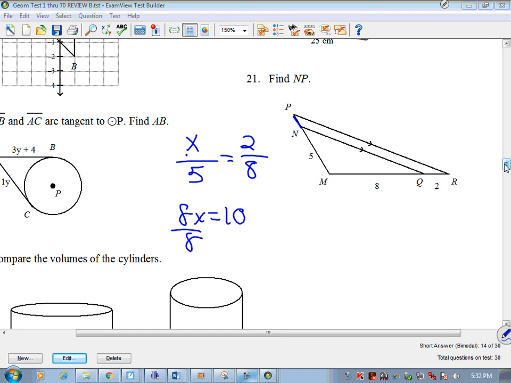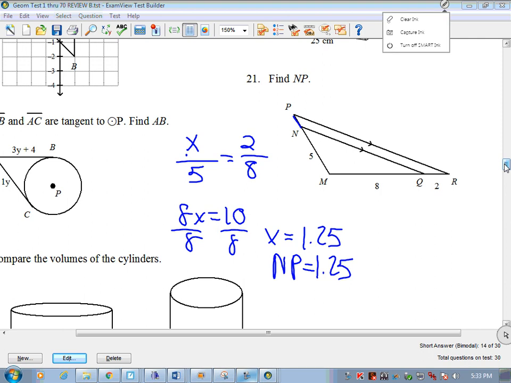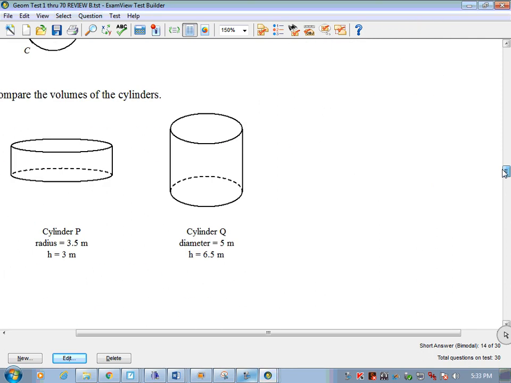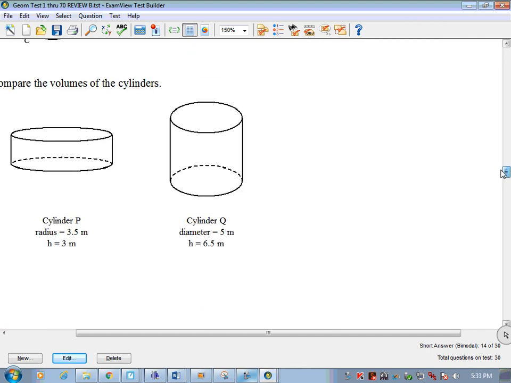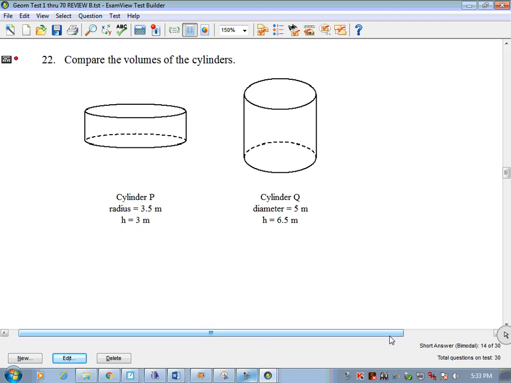Divide by 8, you're going to get x equals 5/4. They want it as a decimal. X equals 1.25. So NP equals 1.25. They are proportional line segments. We already solved 22 down here, because we skipped down there.